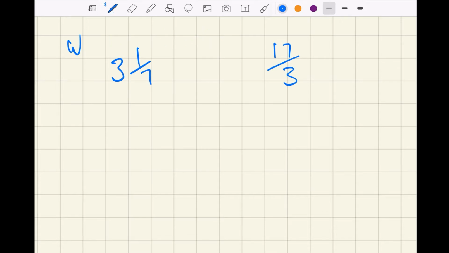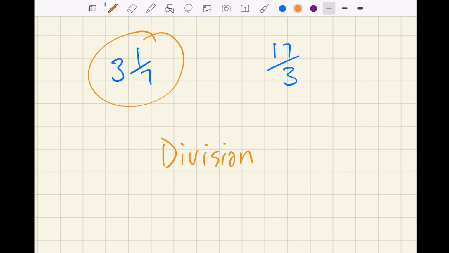All right, so the thing I want you to think about when it comes to mixed numbers and improper fractions is that these are essentially both division, right? So these harken back to the work you've done in division. In fact, a mixed number is a division answer.